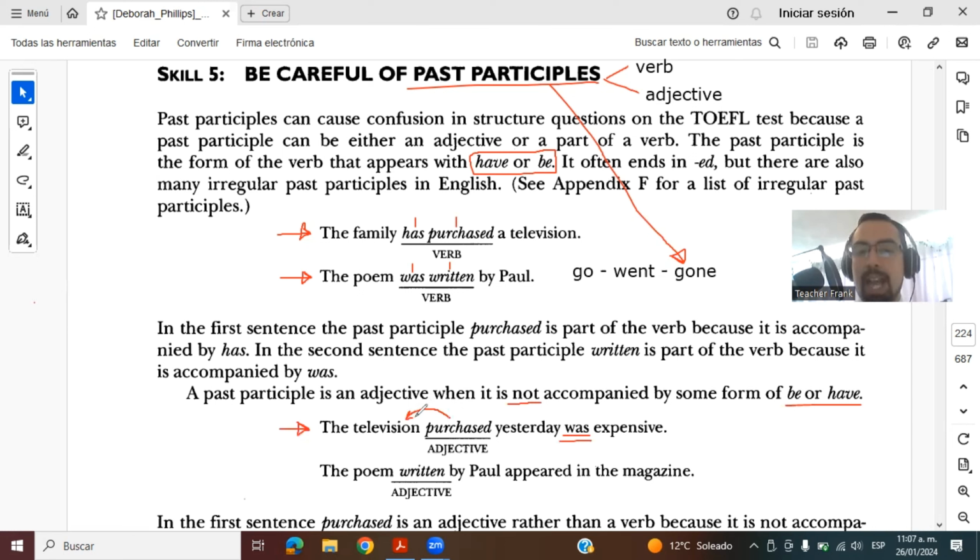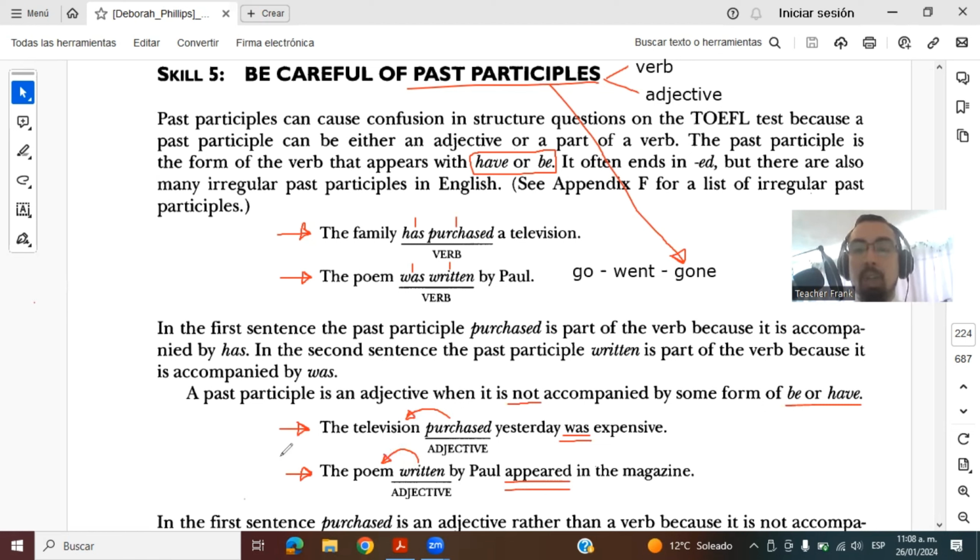So that's an adjective. Let's look at this example. The poem written by Paul appeared in the magazine. Again, written kind of looks like the verb, but if we read it carefully, we'll see that appeared is my verb and written is just describing the poem. What poem? The poem written by Paul, right? So these are adjectives.